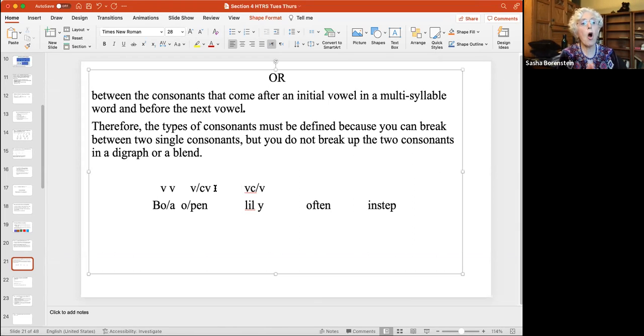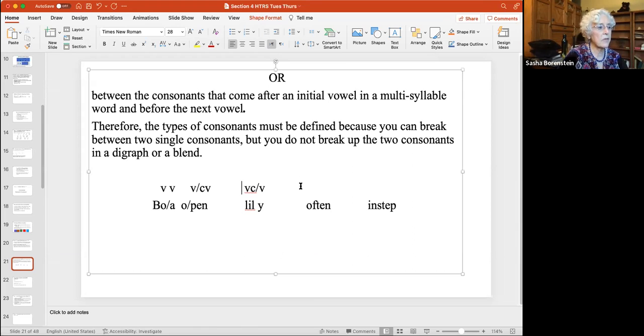And the vowel often doesn't say the sound that you expect. It says uh, or sometimes i. And that's schwa. The vowel in an unaccented syllable doesn't say the sound you expect. It sounds like uh most of the time, or sometimes i. Okay? Thank you.